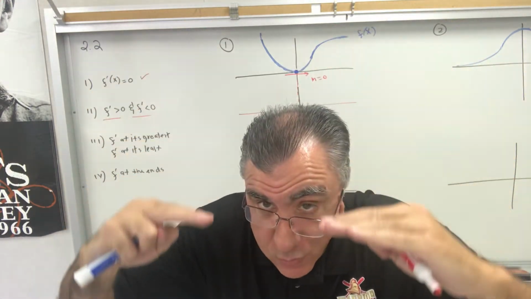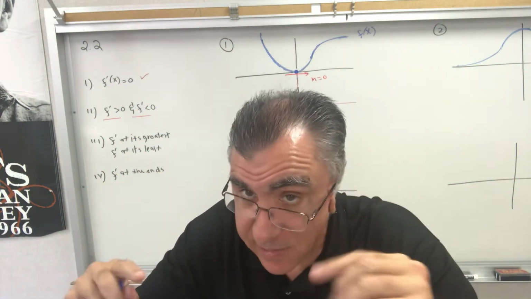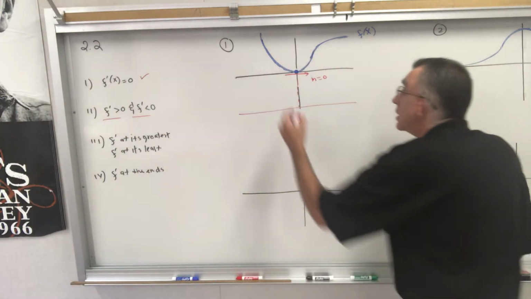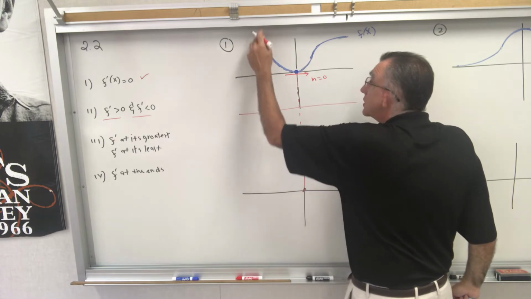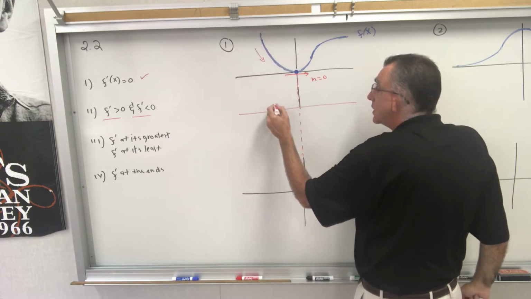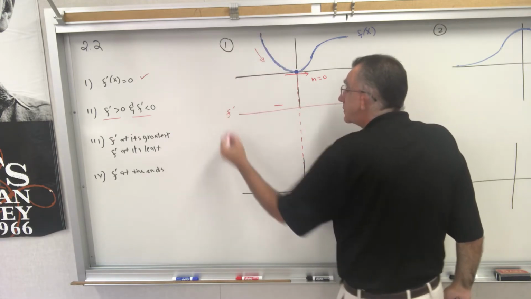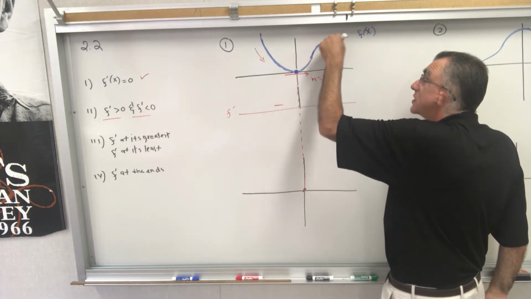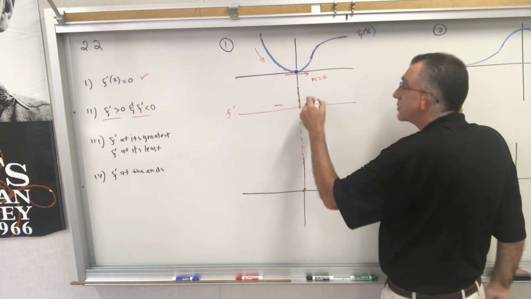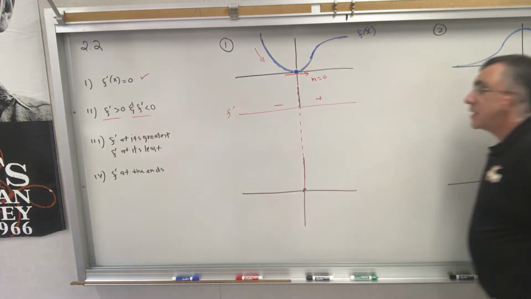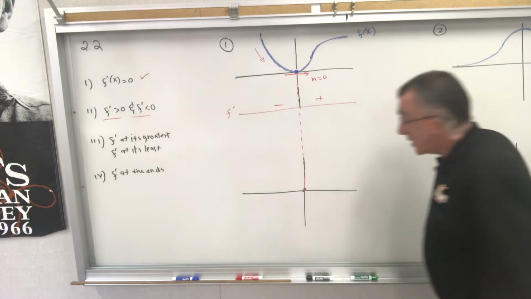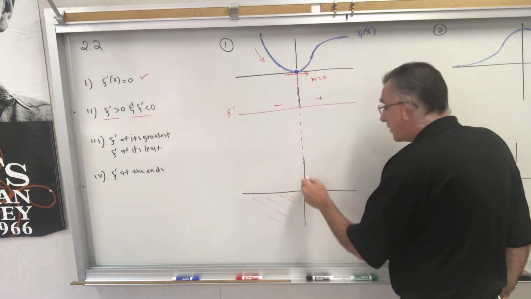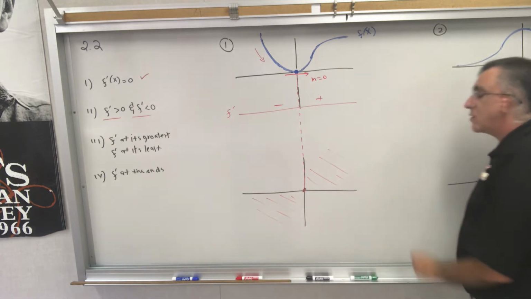So since the graph is going down here, the derivative is negative. And then here, it's going up, fast at first, and then it slows down. It's kind of like a logistic curve, but it's positive. So that means the graph is going to have to be down here, and then up here.